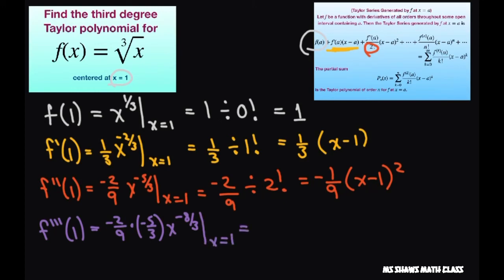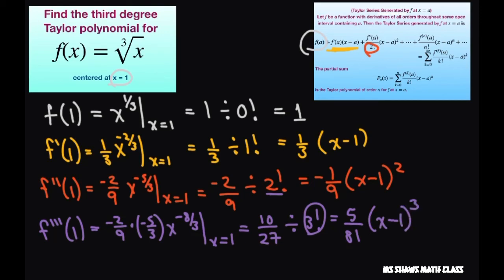So this is going to equal 10 divided by 27, and then we're also dividing by now 3 factorial, which is 6. Remember, this is a 6. So this is just going to simplify to 5 divided by 81. And then we have x minus 1, and now it's to the third power.